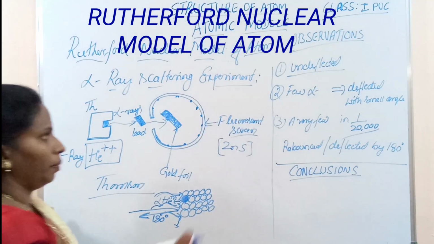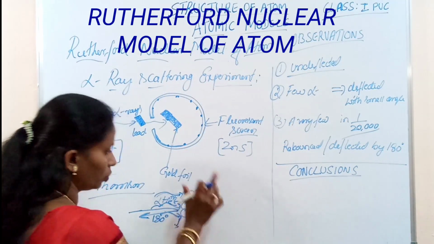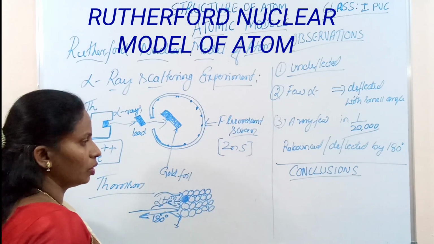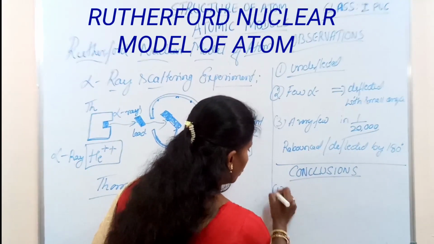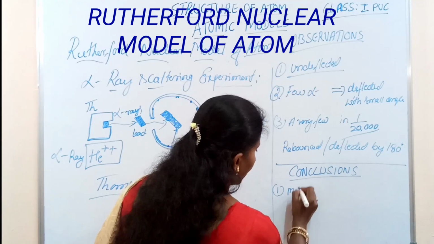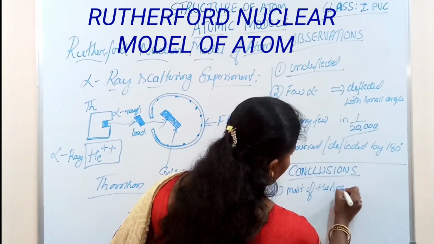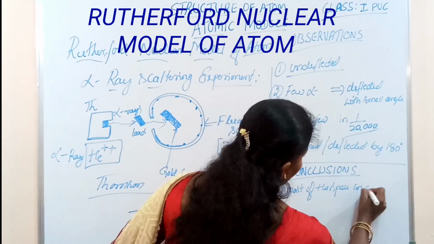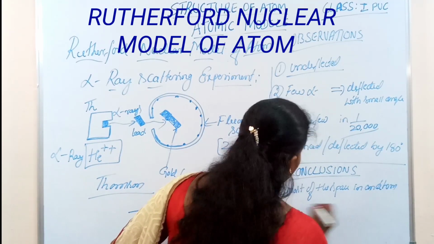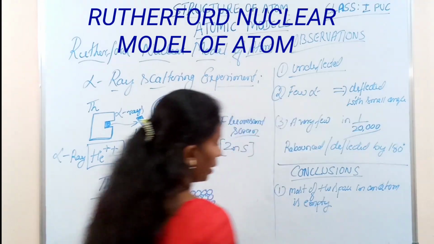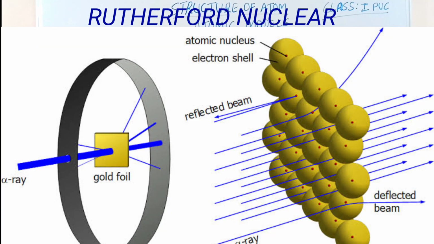that because most of the alpha particles passed through the gold foil without deflection, most of the space in an atom is empty, so there is no repulsion.